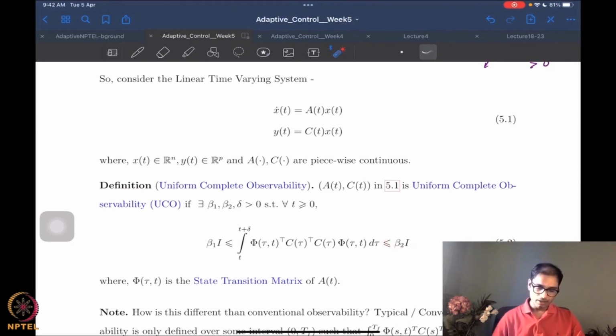Here capital phi is of course the state transition matrix corresponding to A(t).